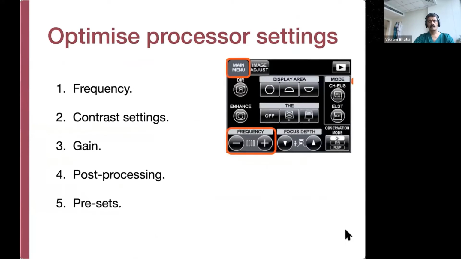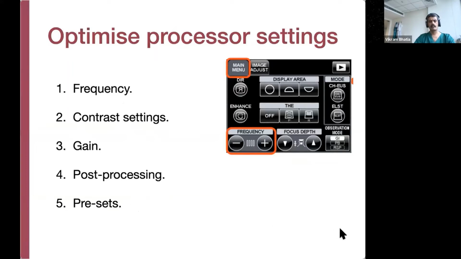We optimize the processor setting in each patient. So you have prepared the mucosa, you have prepared the scope, but every patient is different from the inside. So in every patient, certain parameters are to be optimized in real time as the imaging progresses. These include the frequency, the contrast setting, the gain, the post-processing options, and the presets which may be chosen.